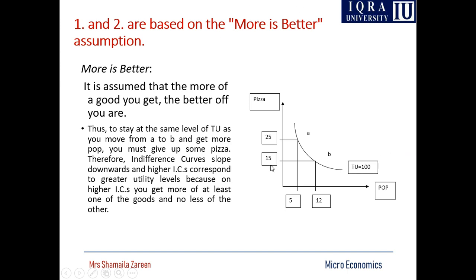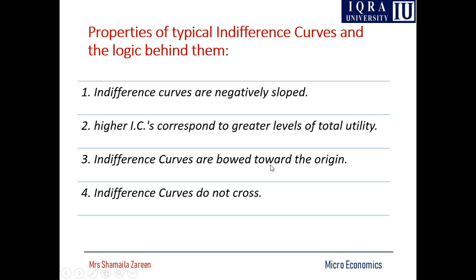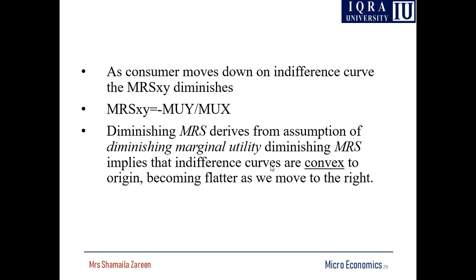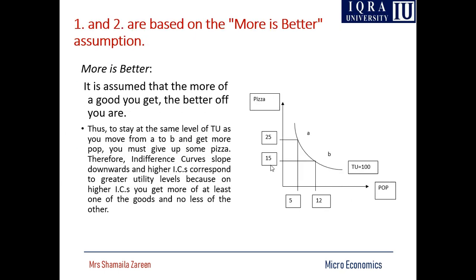That's why the consumer is indifferent between both. So why are the indifference curves convex like this? It is because of the concept of diminishing marginal utility. And these are negatively sloped because of convexity and diminishing marginal rate of substitution.